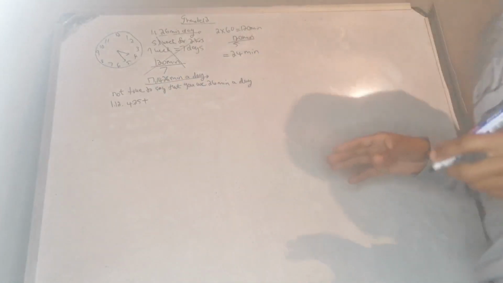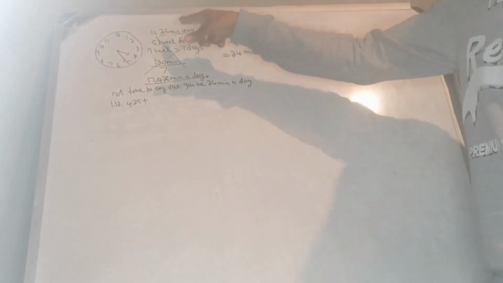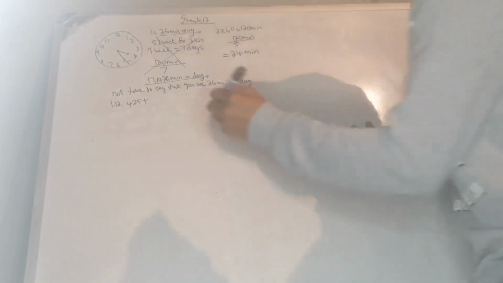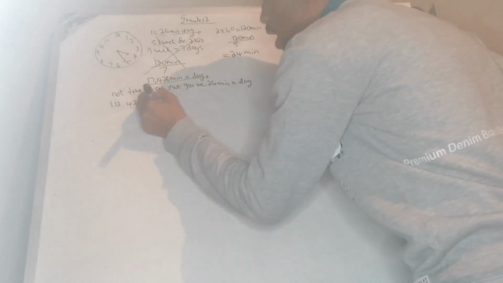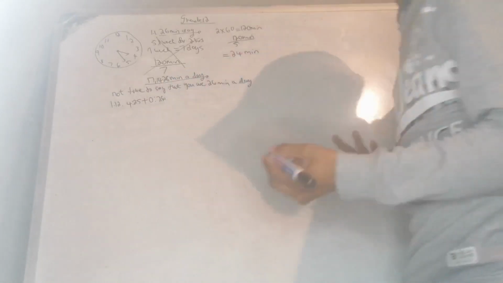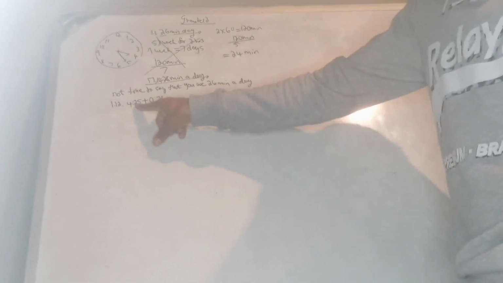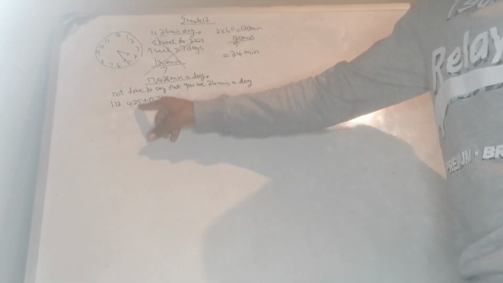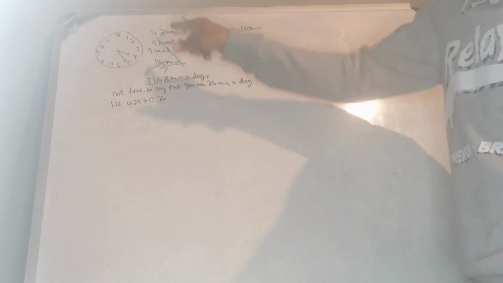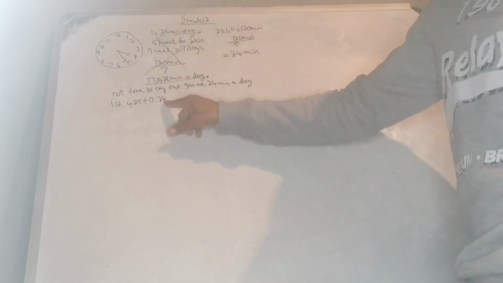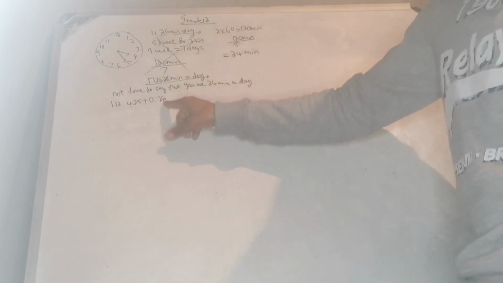Starting at 4:25, we add how many minutes? 26 minutes, so 0 hours and 26 minutes. Get the hours, get the minutes. What are we going to do here?